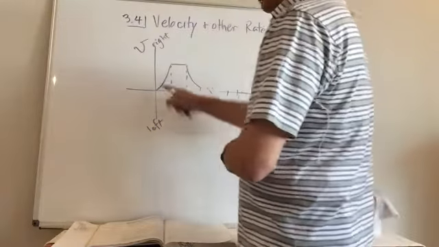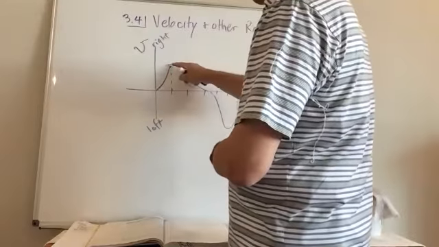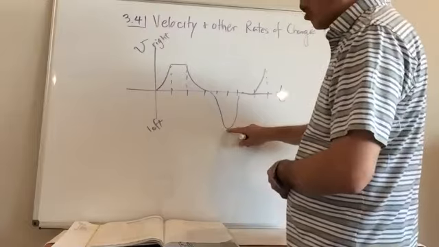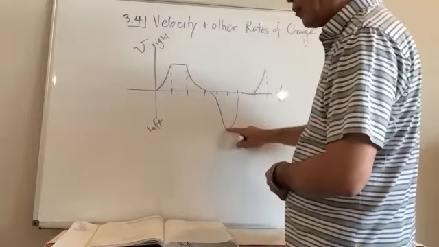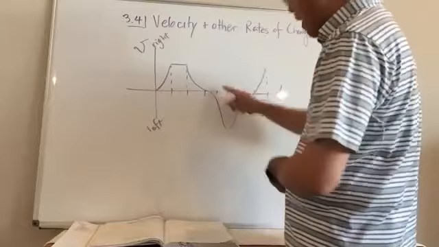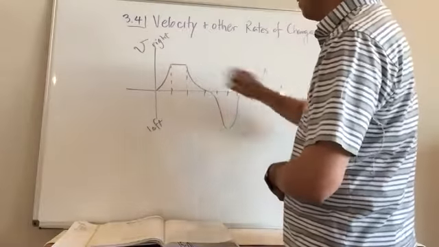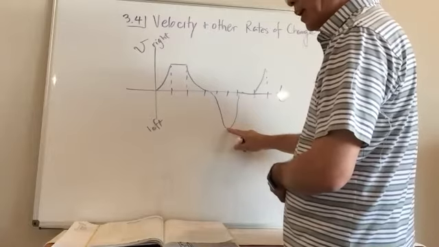This here is a certain speed, but this one is going down more negative, so the actual speed will be larger here, because the magnitude of the bottom peak is larger than this peak. So this point down here would be the maximum speed.